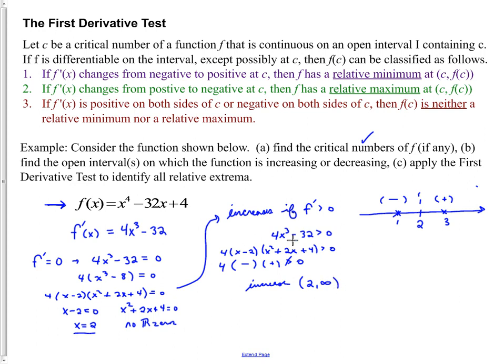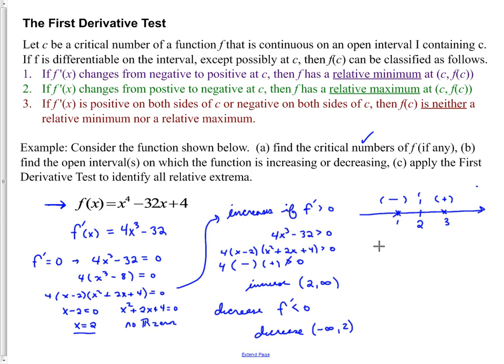Likewise, a decrease occurs wherever f prime is less than 0, and as we showed in the last step, that is true on the interval from negative infinity to 2.